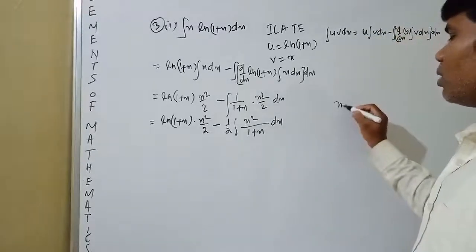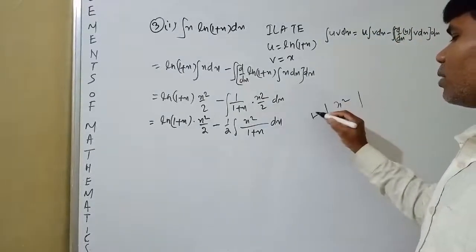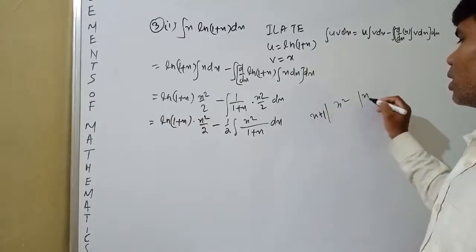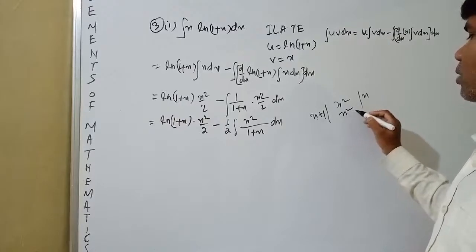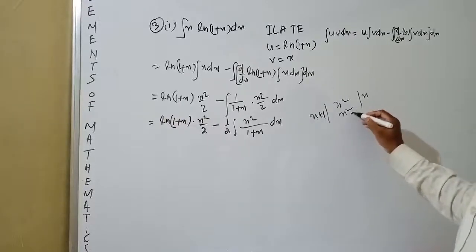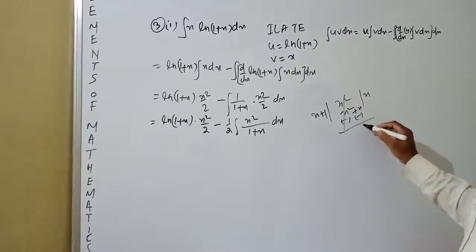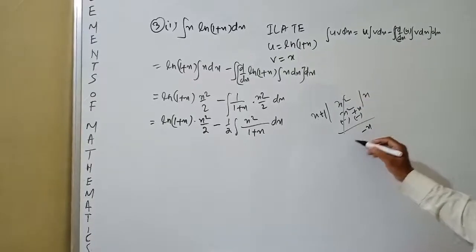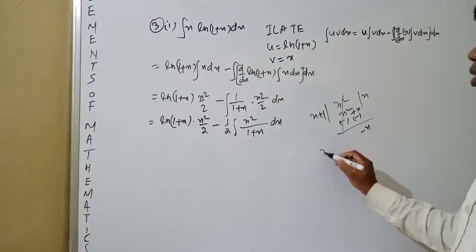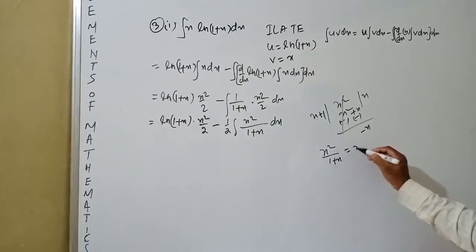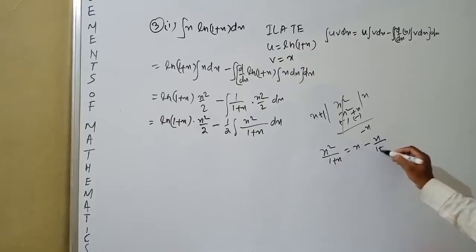Now you divide x square by (1 plus x), or (x plus 1). x square plus x, minus x, minus x. That means x square by (1 plus x) is equal to x minus x by (1 plus x).